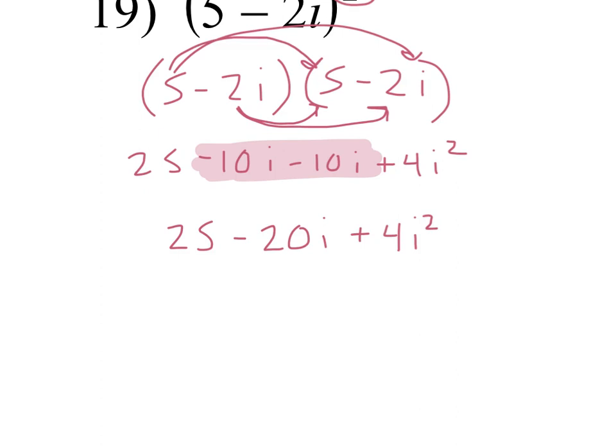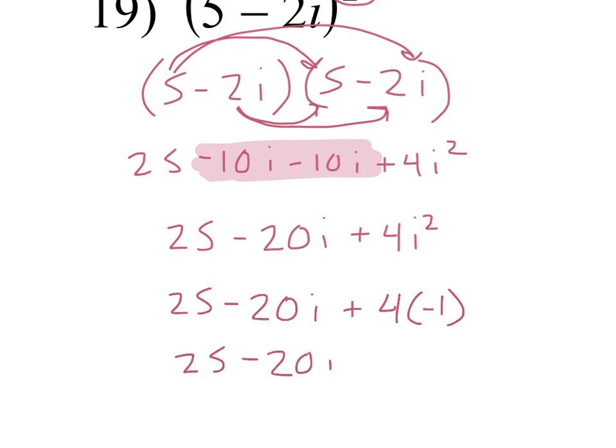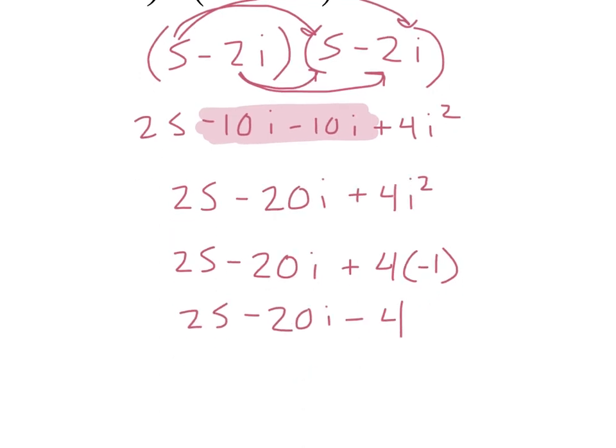What can we do next? Make the i squared a negative 1, so we get negative 4. So we have 25 minus 20i minus 4. Now I'm just combining these two, so 21 minus 20i.